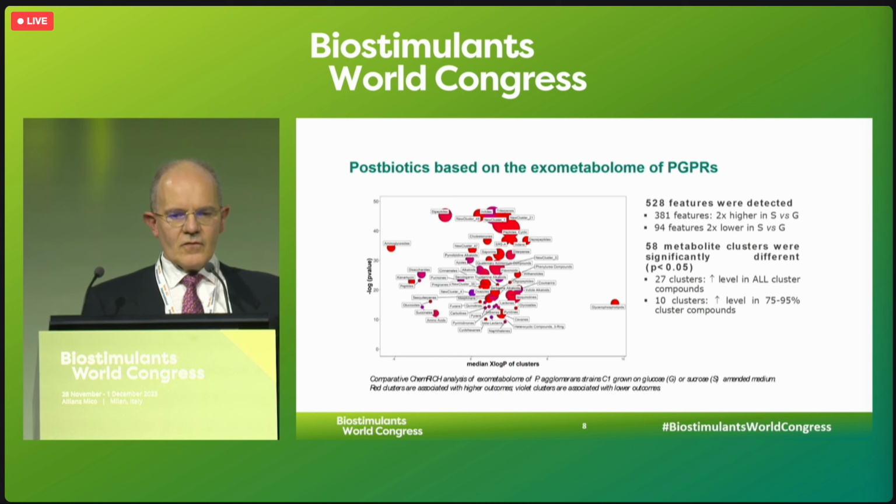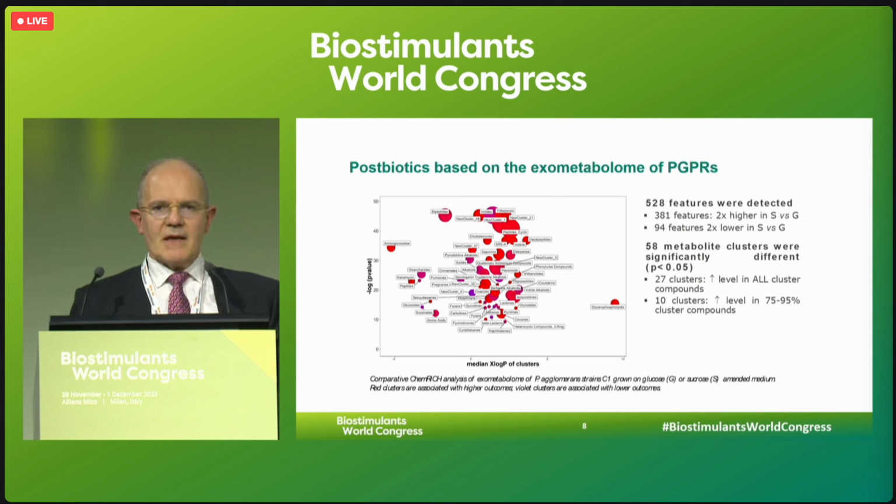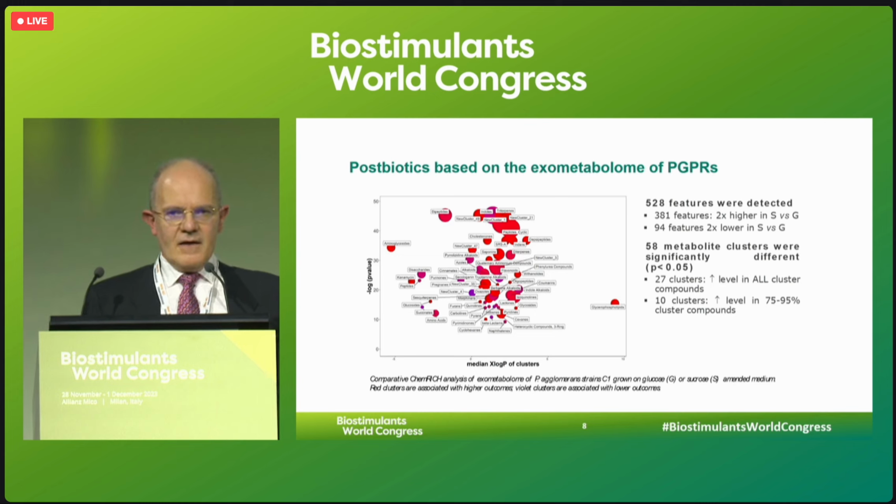And doing this work, we did a lot of metabolomics to evaluate what type of molecules were produced by this strain, cultivating it under different culture conditions. What we observed is that, for example, by changing the carbon source, you could get a quite different profile of secreted metabolites.